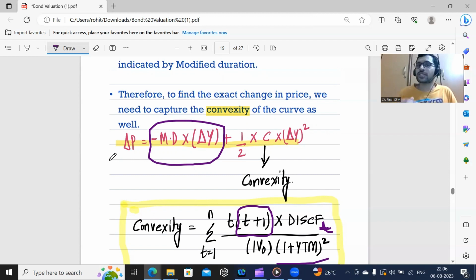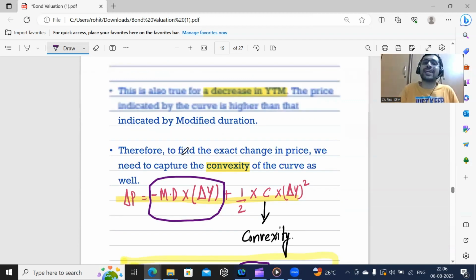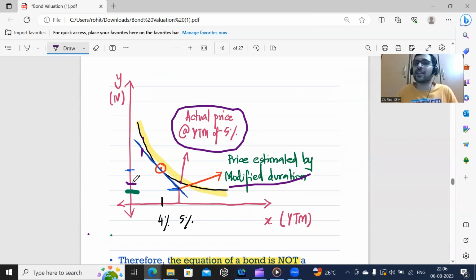Although we are not going to discuss it in much detail, even after adding the convexity adjustment you are not going to get exactly the violet line that we have over here.